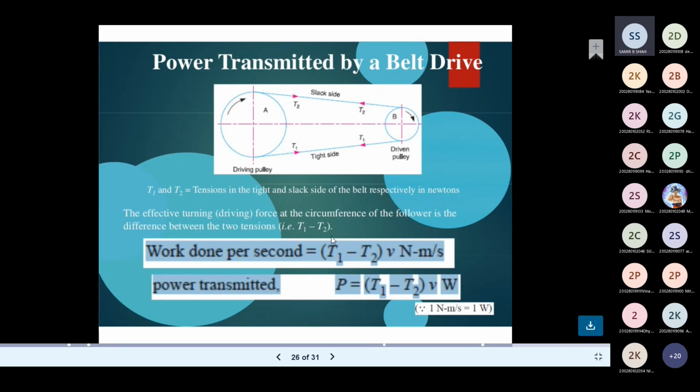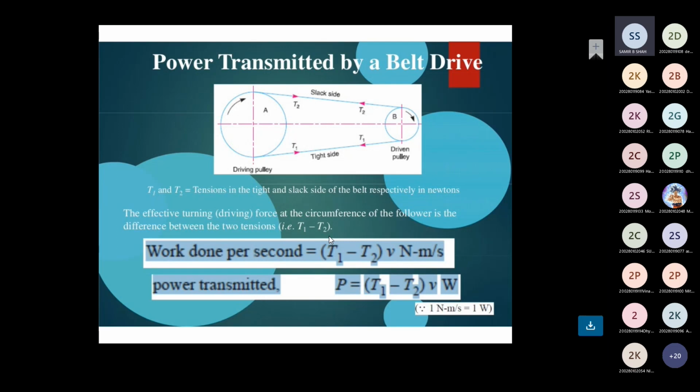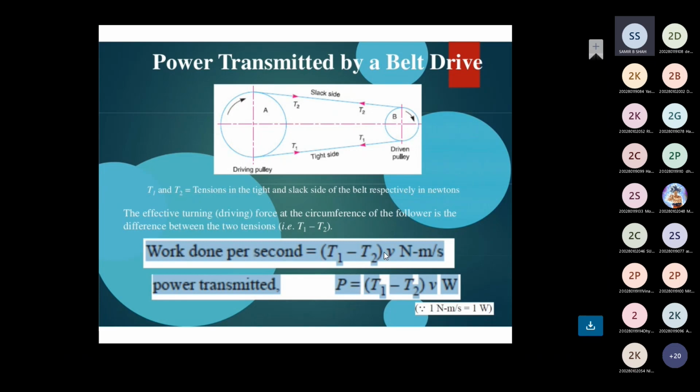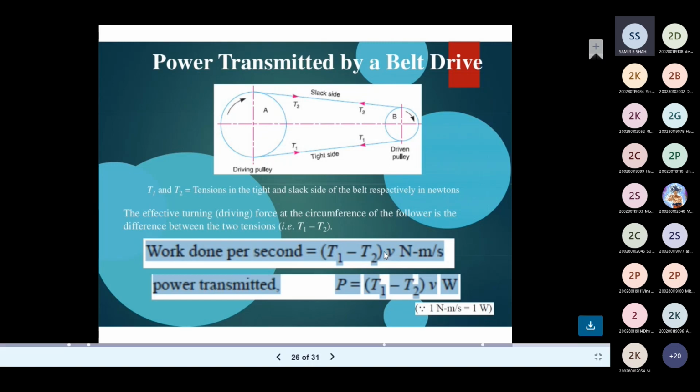And if we talk about the work done, work done is nothing but driving force into V, or we can say (T1 minus T2) into V. And work done per second is nothing but power. So we can say that the power is equal to (T1 minus T2) into V. Very important equation. Mostly all the examples we solve with this equation.